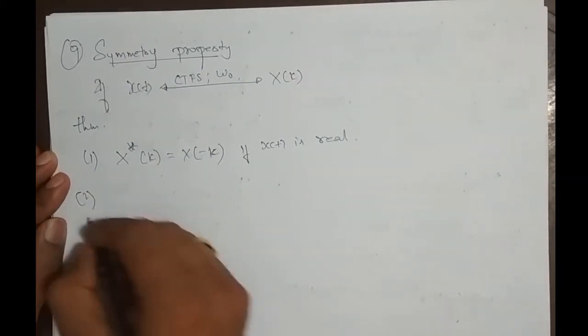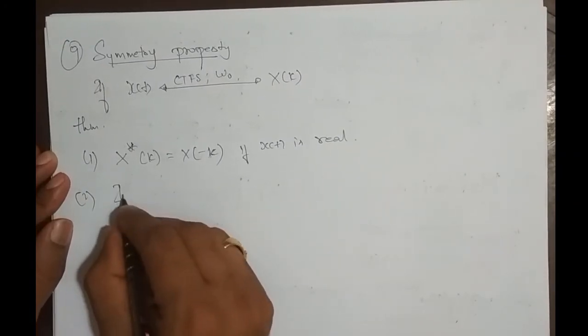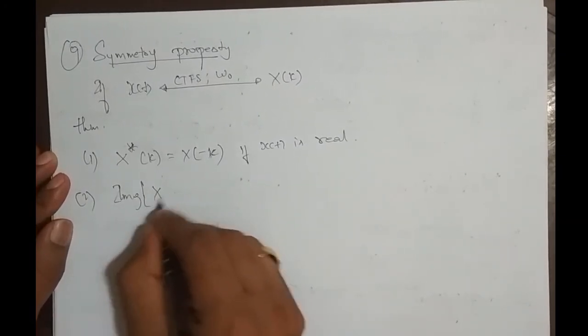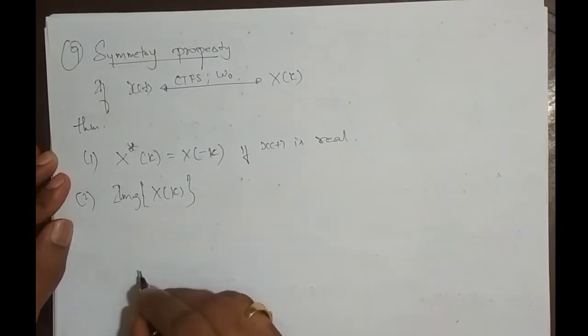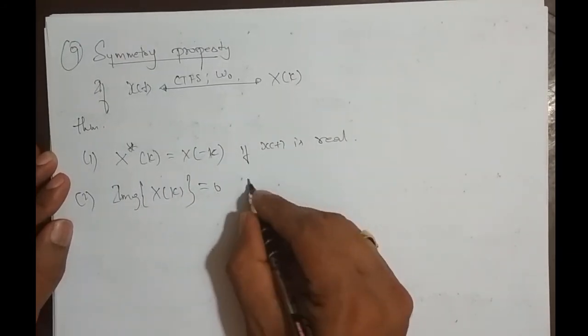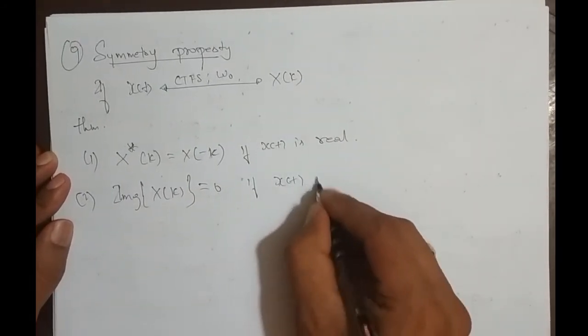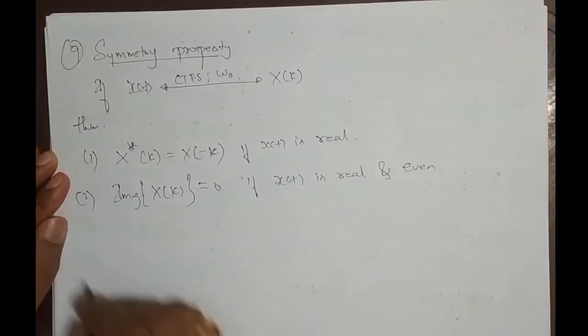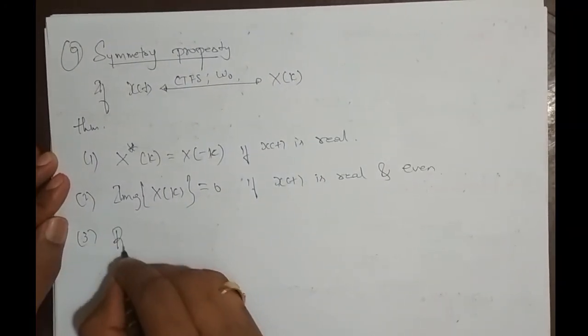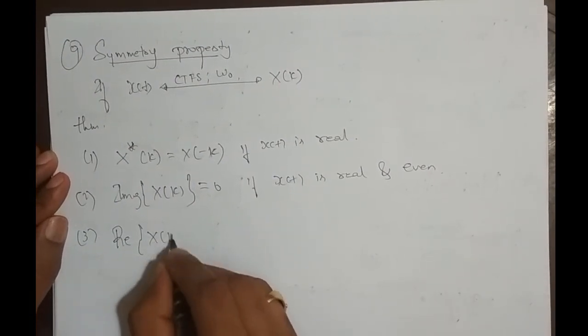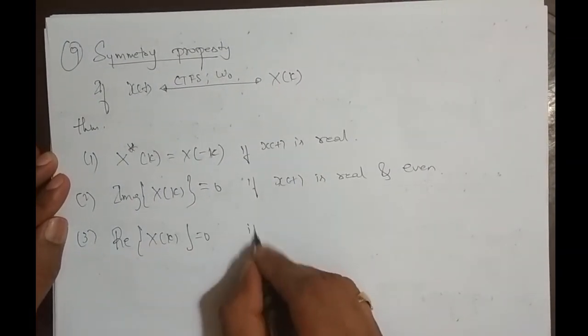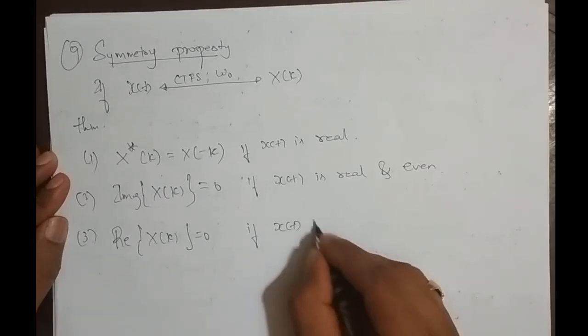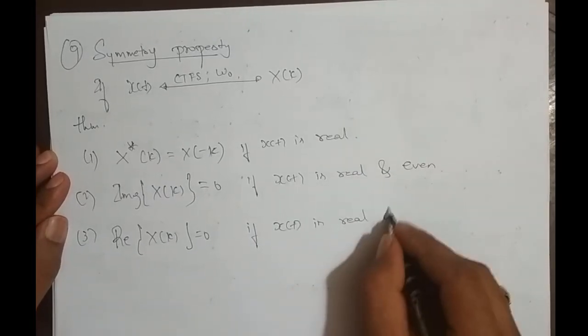Next, the second property is that the imaginary part of the Fourier series coefficient X of k becomes equal to 0 if x of t is real and even. And the third one is that the real part of the Fourier coefficient X of k is 0 if the signal in time domain is real and odd.